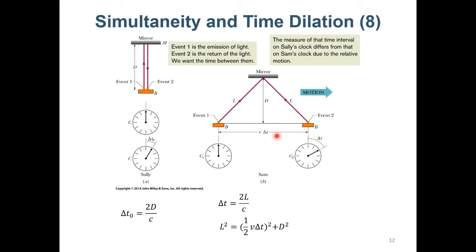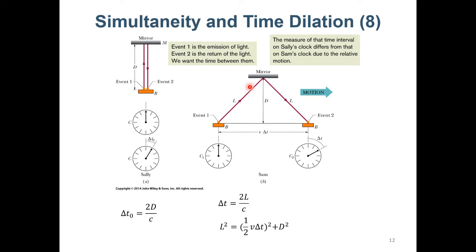So this is delta t. You will use delta t for this one and also for counting this one. So delta t equals 2L over c, and this segment should be v times delta t.